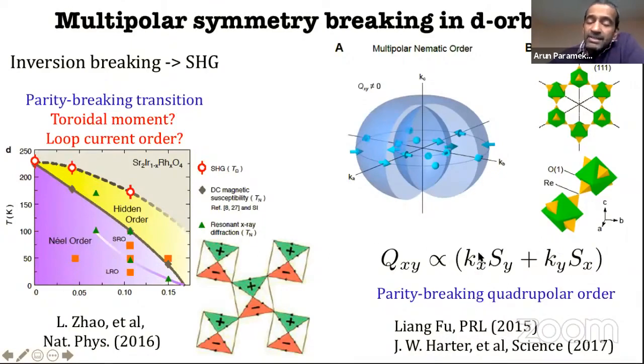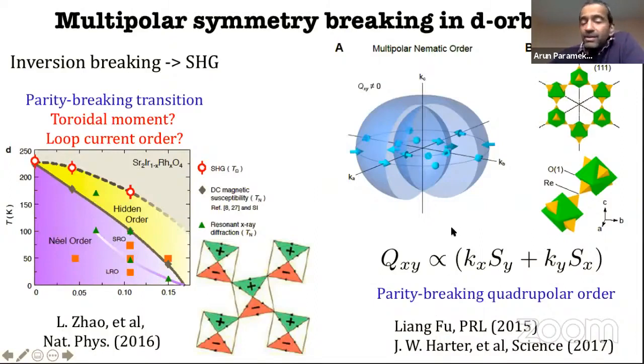But this actually transforms differently under inversion. Whereas the quadrupole operator formed purely out of spins is even under inversion, this particular one would be odd under inversion. And so there has been this effort to look for this kind of parity-breaking quadrupolar order.